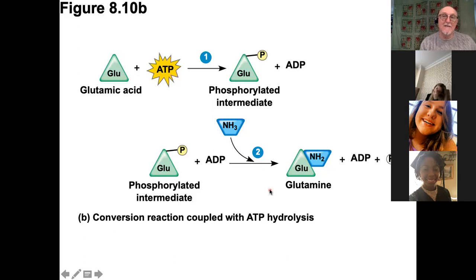So what you're doing there is coupling a highly endergonic reaction, which is glutamic acid plus ammonia to form glutamine, with a strongly exergonic reaction, which is the breakdown of ATP and the release of phosphate with its energy.